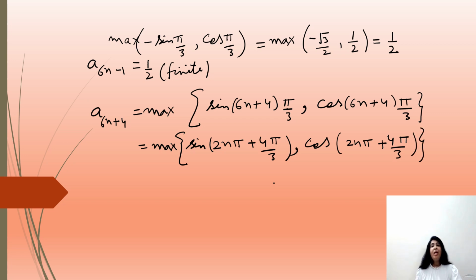Now 2n pi plus 4 pi by 3. So what will you get? The maximum of sine 4 pi by 3 and cos 4 pi by 3.